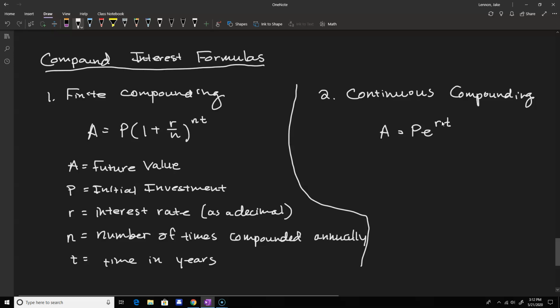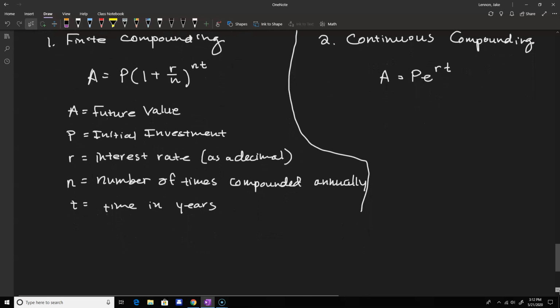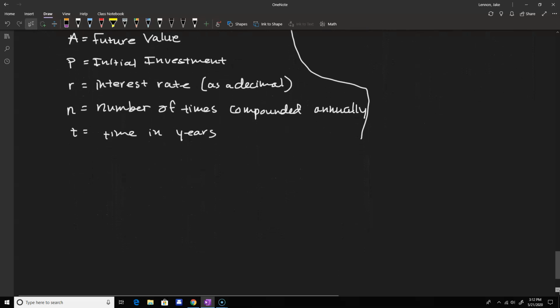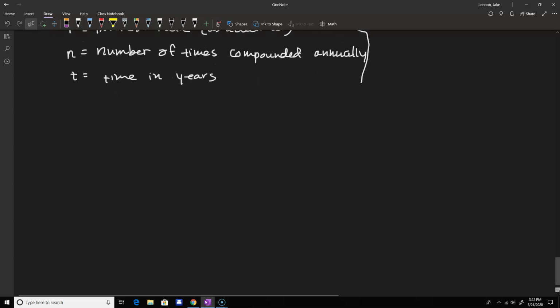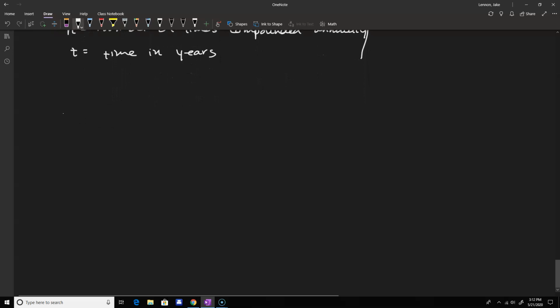So let's just do an example where we use these formulas. Again, we're just kind of plugging and chugging here. Nothing too much to think about, but we just want to plug them all in to make sure that we can get the right answers.